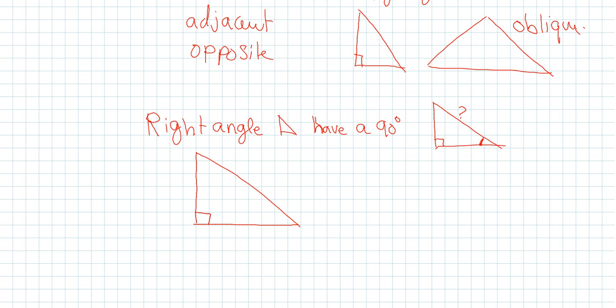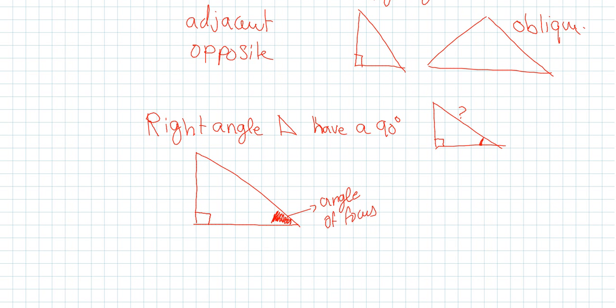So, let's say, for example, in this example, I know this angle right here. Okay? So this is what we call the angle of focus or the angle of interest, because this is the angle that I know or the angle that I'm looking for. It depends on the situation. But let's say this is the angle I know.